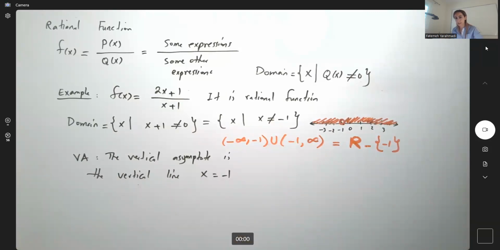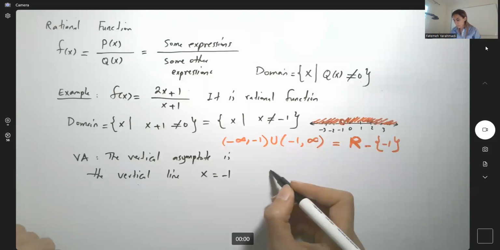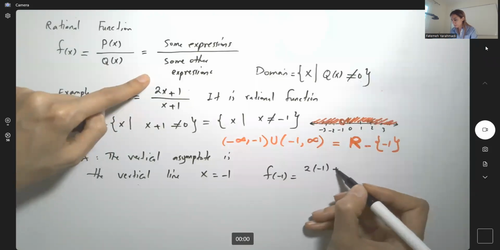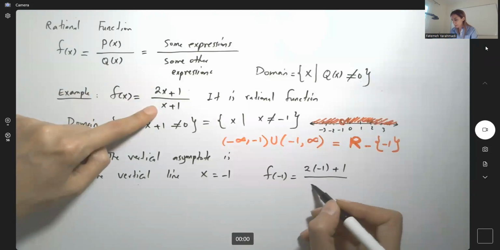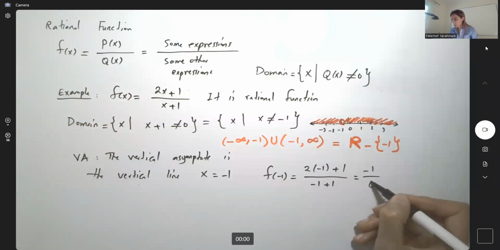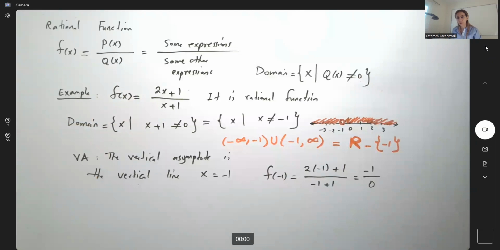If I plug -1 into the function, I get something that is not defined. Take a look. F of -1 is 2 times -1 plus 1, divided by -1 plus 1. You get -2 plus 1, which is -1, divided by 0, which is not defined.